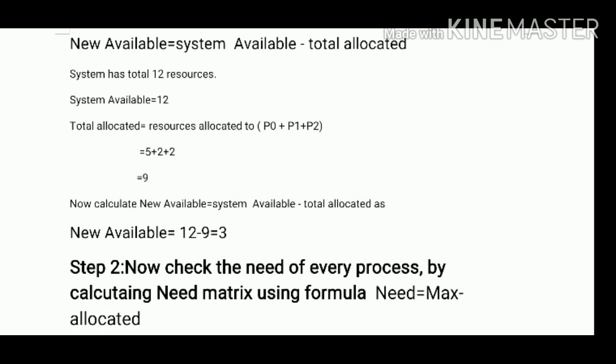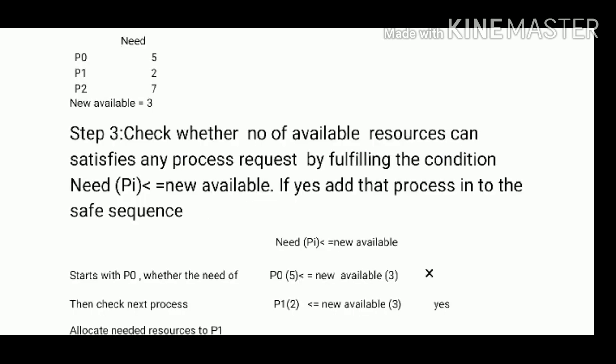And lastly, P2 requires 9, given only 2, so it will require 7 more to complete its execution. So we have calculated the need matrix for P0, P1, P2 as 5, 2 and 7, with the available resources left in the system being 3.